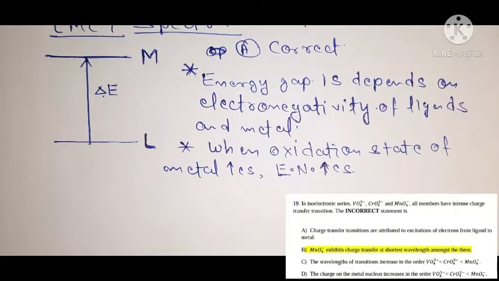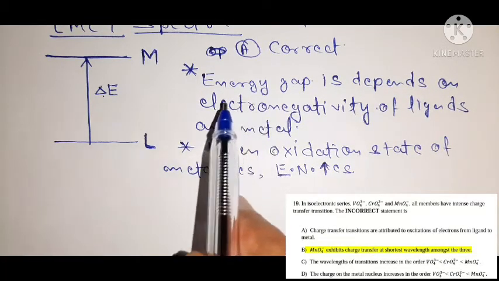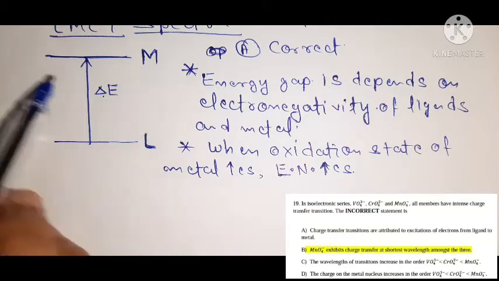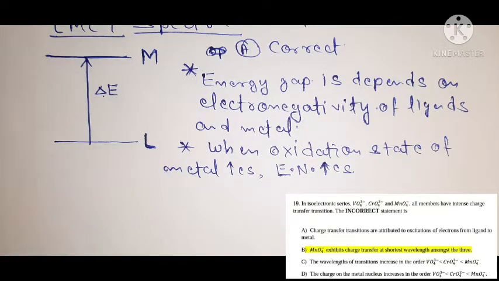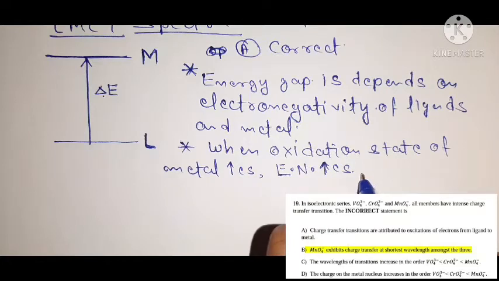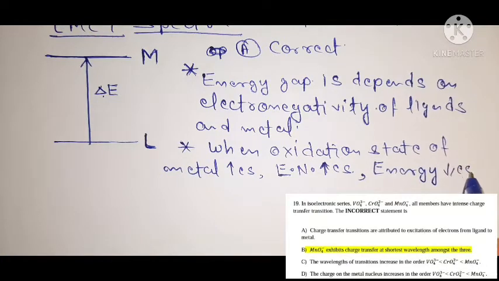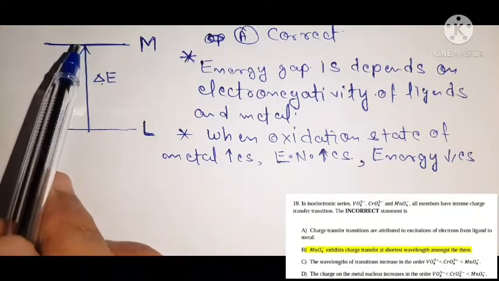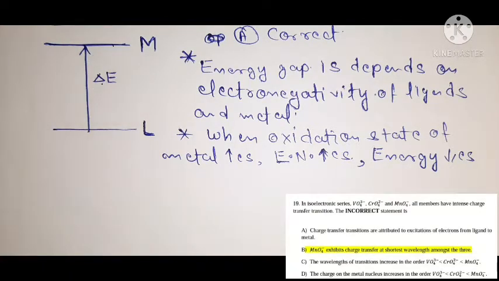We talk about the energy of the metal orbital. First of all, we talk about the energy gap. Now we talk about the relationship between the oxidation state of the metal and its electronegativity, and we relate this electronegativity with the energy level of the empty orbital of this metal. When electronegativity of the metal increases, its energy will decrease, and when the energy decreases, that means this gap will also decrease.